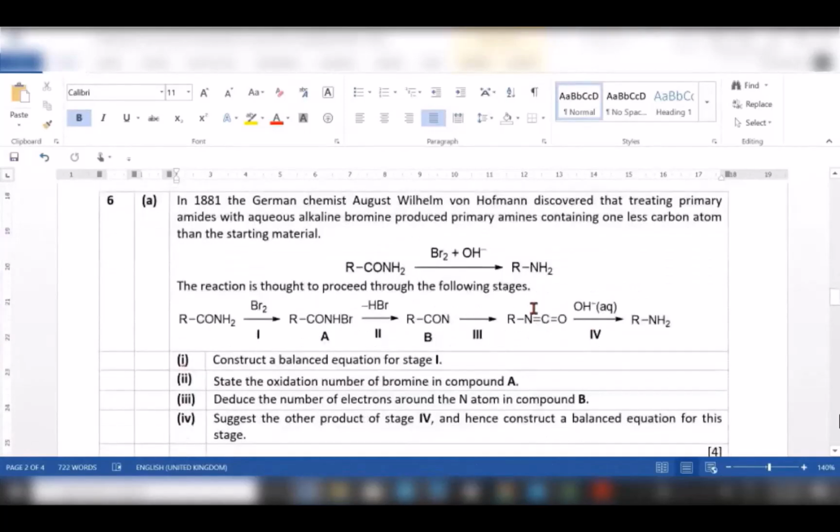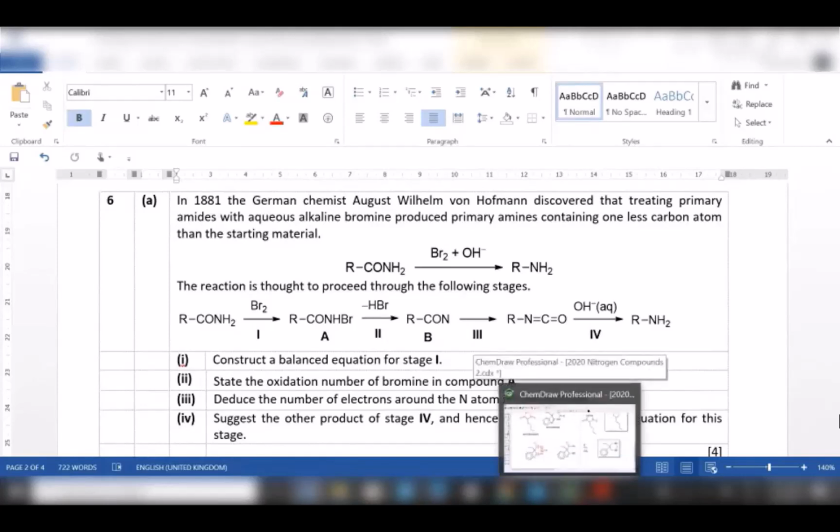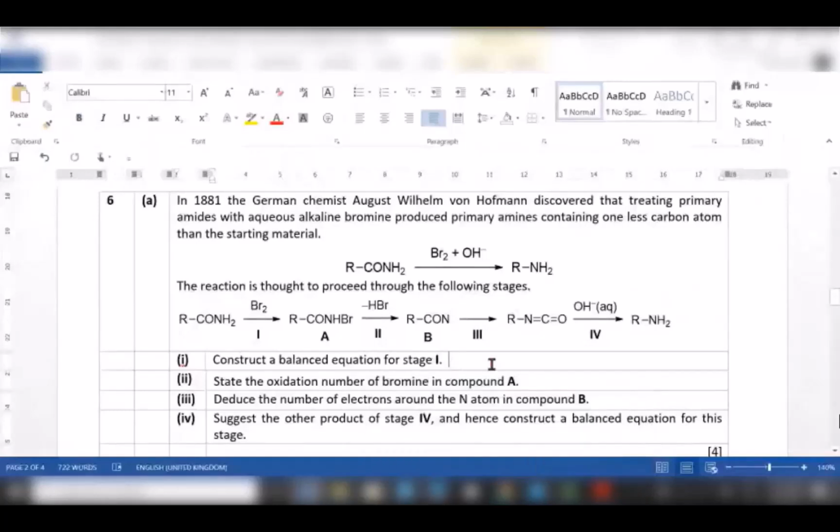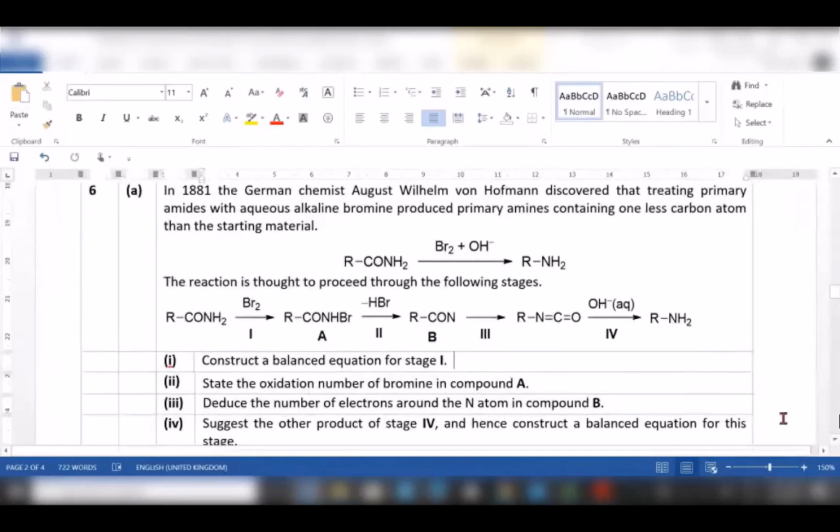Okay, next, question 6. I maybe need to discuss it over here first, then after that, we'll go into the details. It's actually about a reaction that is not in your syllabus, but they provided it in the context of the question.